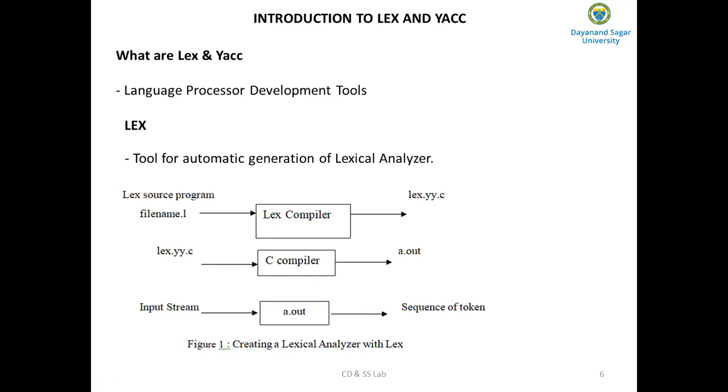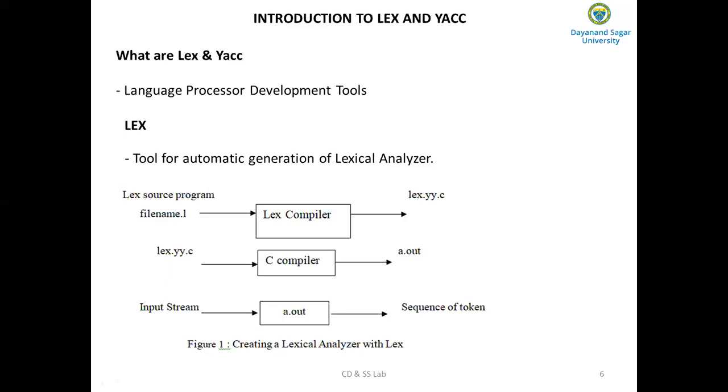So your job here, in order to write the program, is to prepare the Lex source program, file name.l. First you have to create a specification of the lexical analyzer by creating a program file name.l in the Lex language.